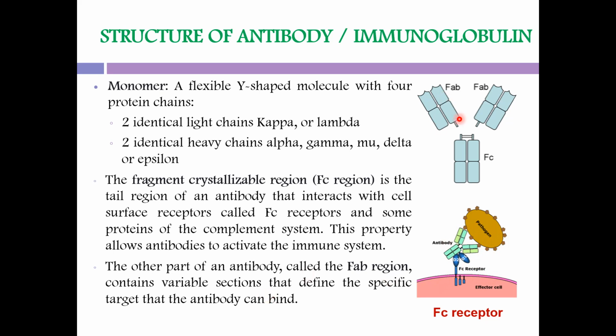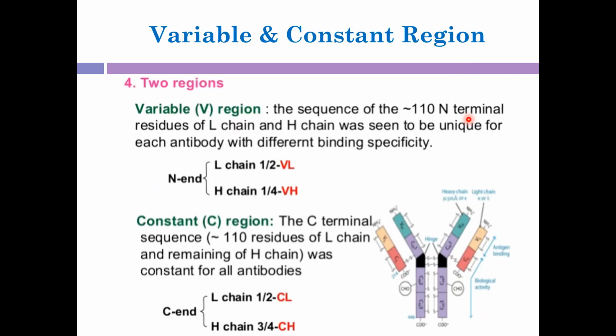The other part, the Fab part of the antibody, is the main region where the specific target antigen can bind. The pathogen attaches on the Fab region. As I told you, there are the variable regions and the constant region. The variable regions contain the NH2 terminals of light and heavy chains and are unique for each antibody with different binding sites.